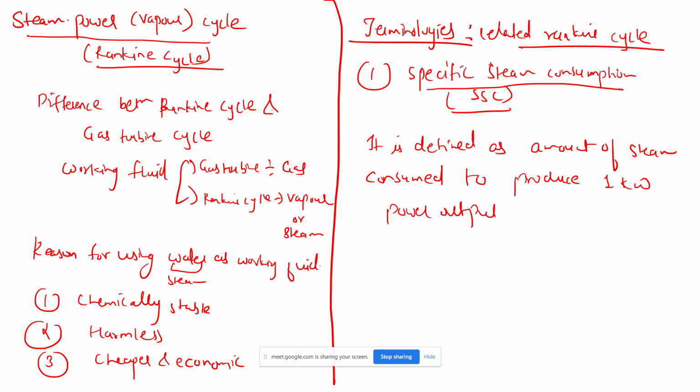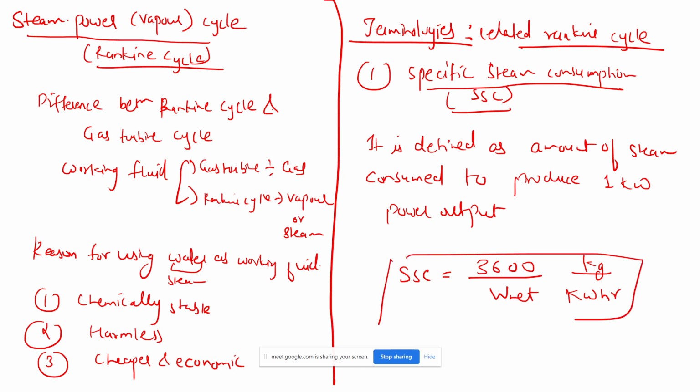So this is its definition. And what is the formula? You just remember this formula. There is no need for derivation. 3600 upon work net, and its unit is kg per kilowatt hour.